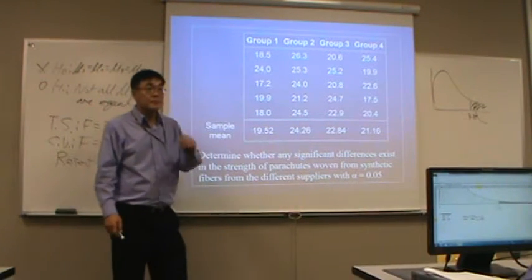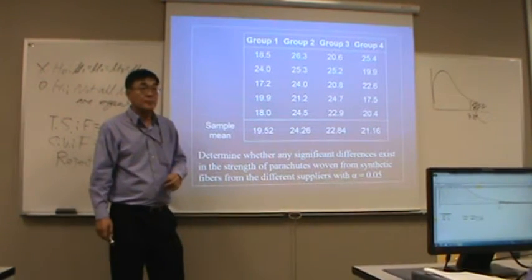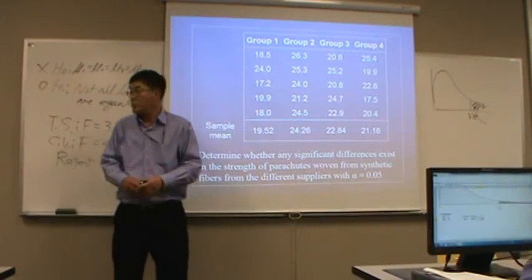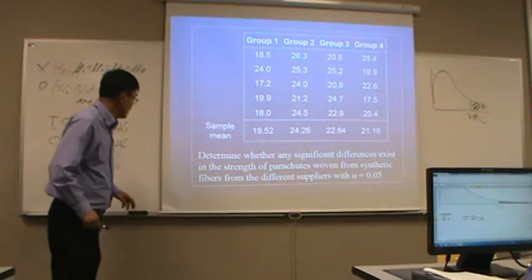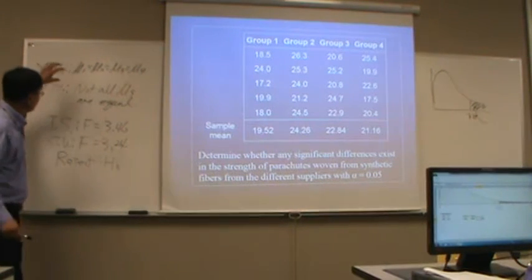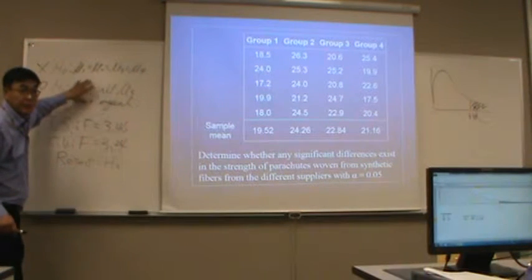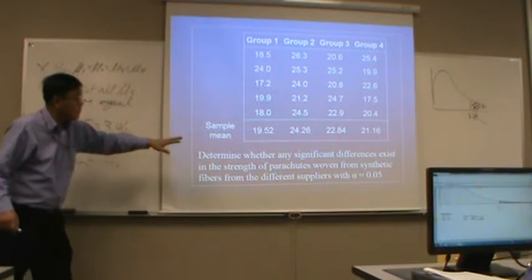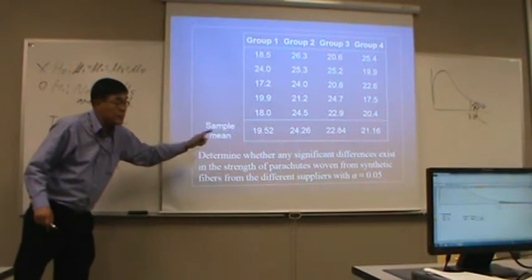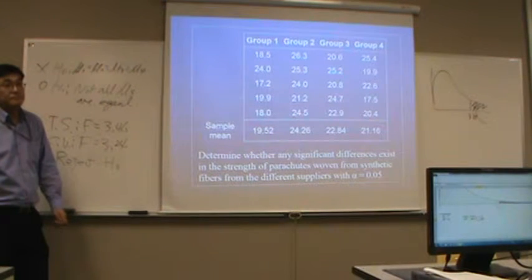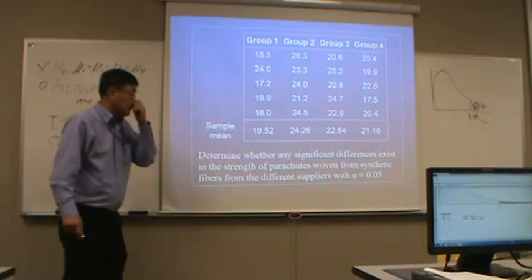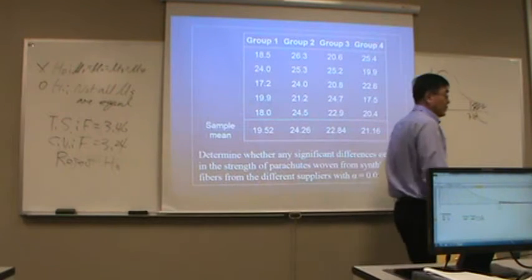So this one you would say no evidence. This one, you reject, because there is something different, so there is evidence of a difference. Any question?